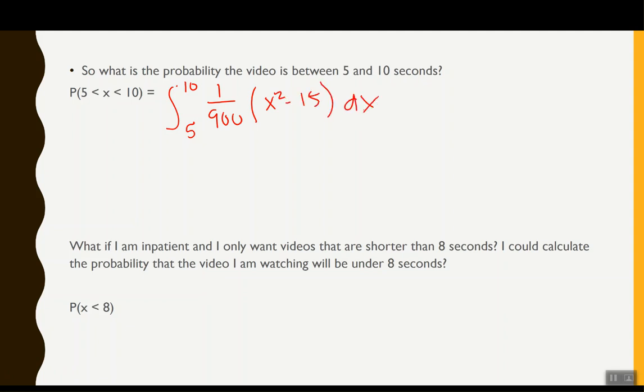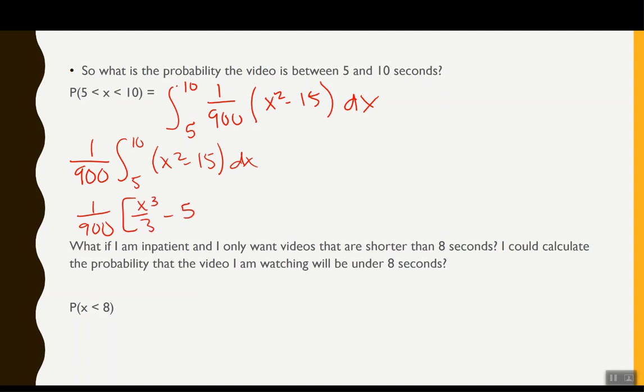So when I take this integral, I would start by integrating x squared minus 15. So I would get x cubed over 3. This should look familiar with all of our, I'm sure, ton of practice integrating in calculus.